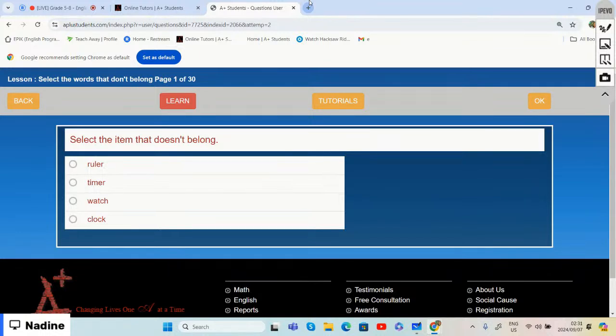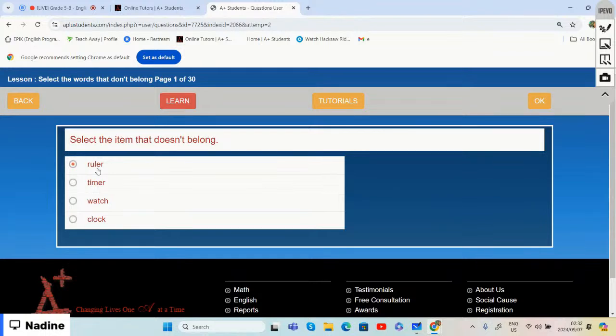All right, then if we were to select the word that does not belong over there, we will say ruler doesn't belong, right?